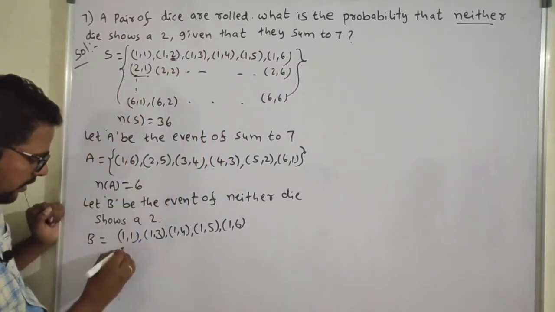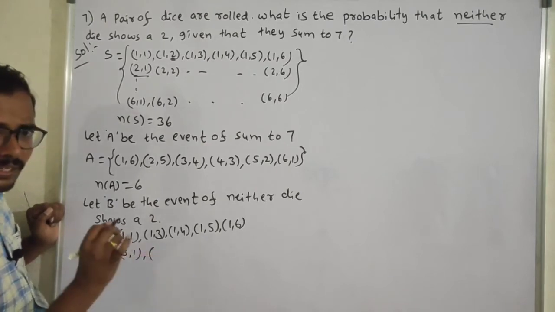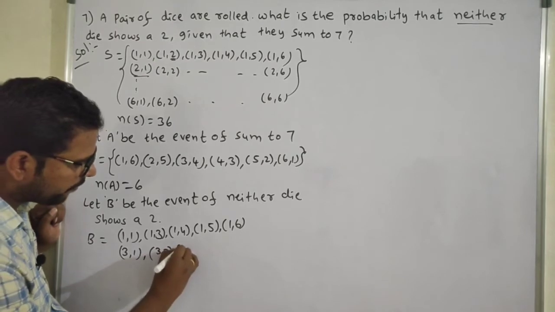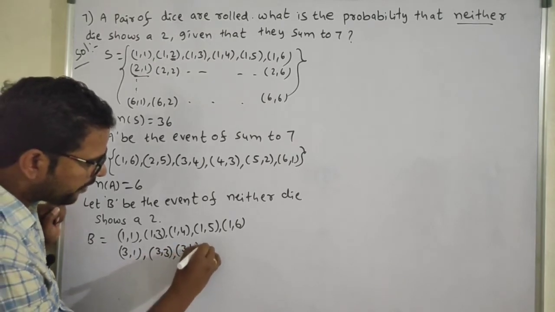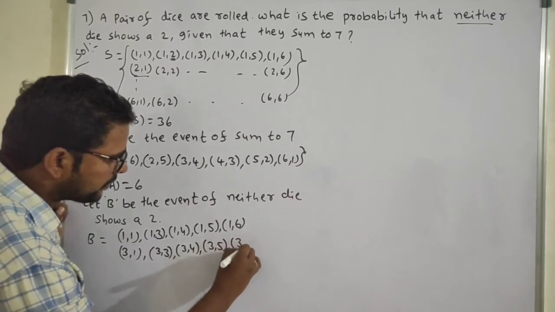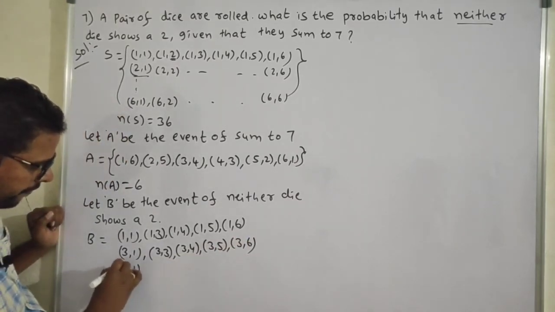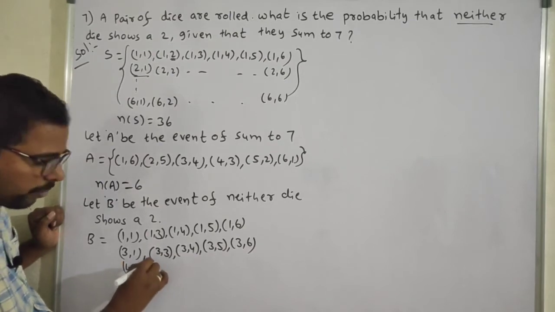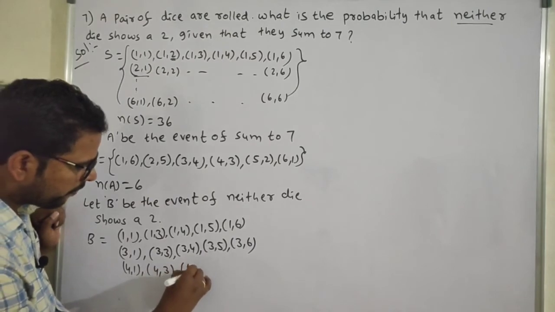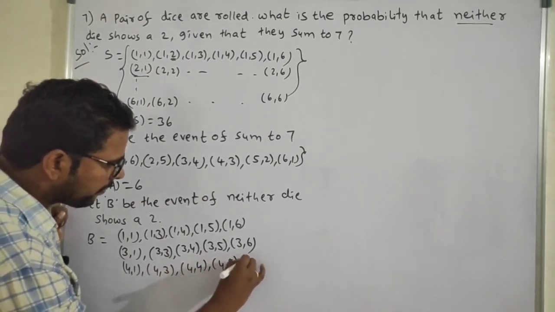Next 3 1, 3 2, don't take 3 2, take 3 3. Next 3 4, 3 5, 3 6. Next result 4 1, don't take 4 2, 4 3, 4 4, 4 5, 4 6.